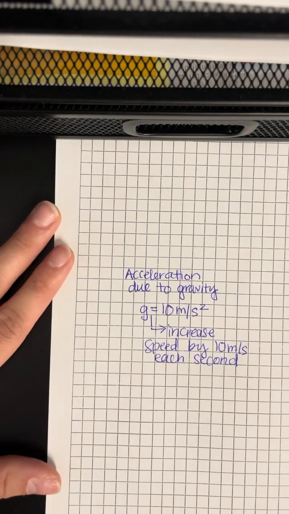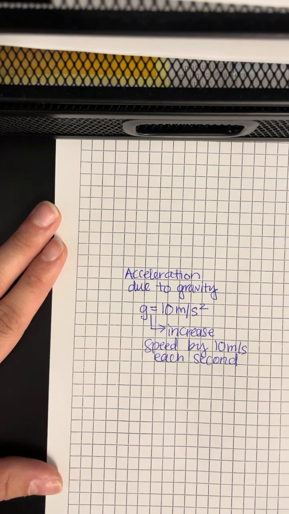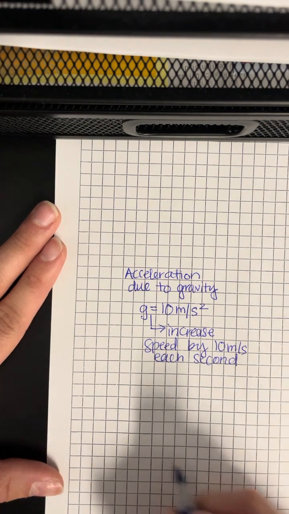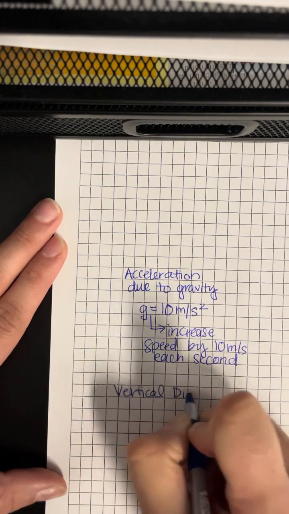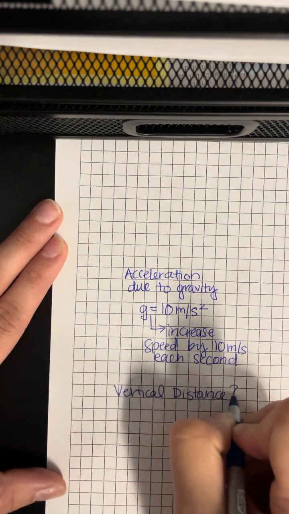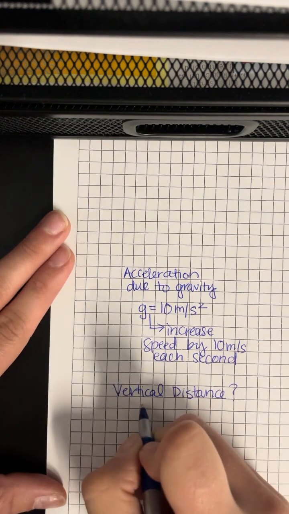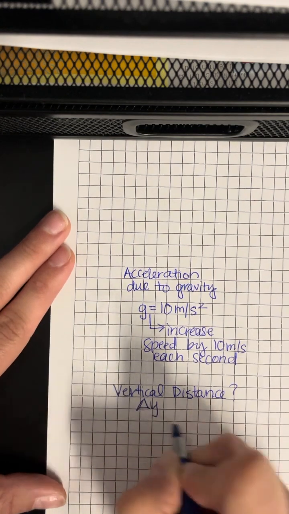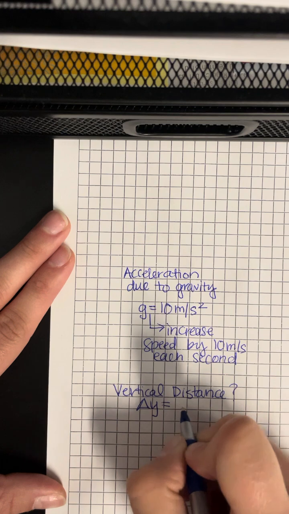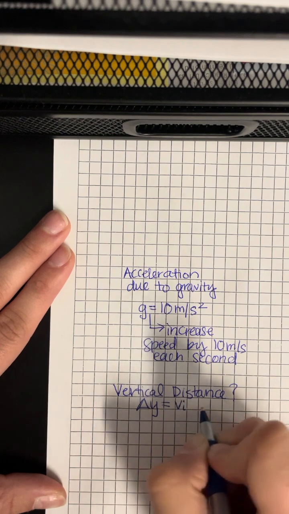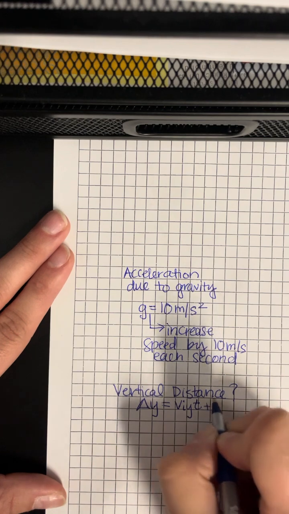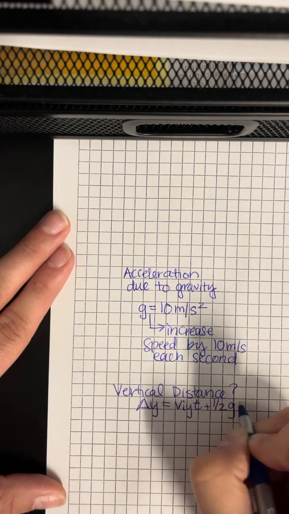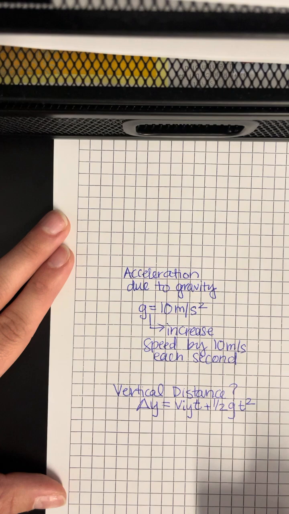What that means is we need to use one of our equations to help us find the vertical distance it's traveling. So how do I find the vertical distance? What I can do is use my equation delta y equals the initial speed in the y direction times the time plus 1/2 my gravitational acceleration t squared.